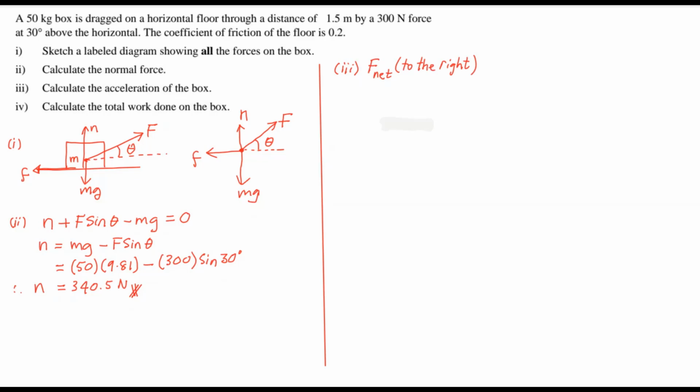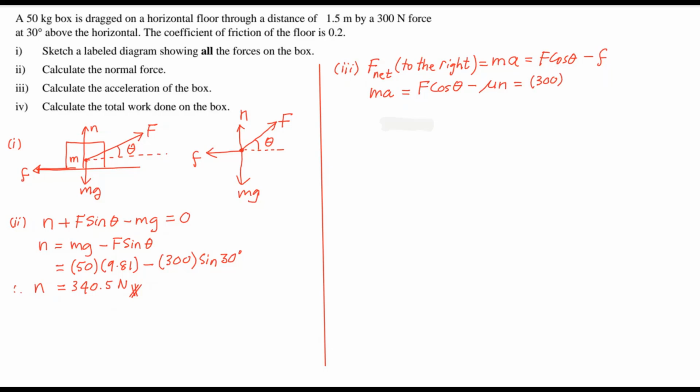So the net force to the right is the mass of the box times its acceleration, which is equal to the force to the right, the component of F along the x-axis, F cos theta, minus the frictional force which acts in the negative x direction. So ma equals F cos theta minus the frictional force. But the frictional force can be written as mu N.